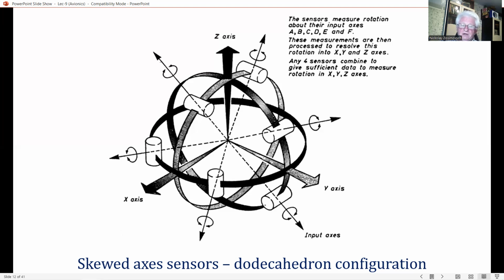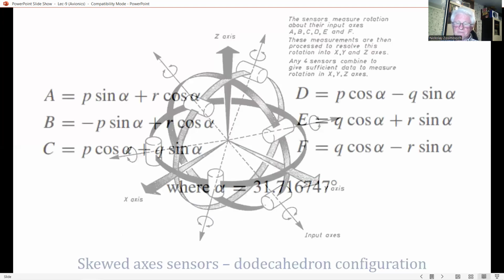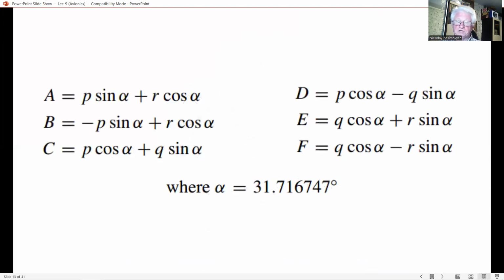Each gyro in the dodecahedron configuration senses 2 body rates, and each body rate is sensed by 4 of the 6 gyros. The gyro outputs denoted by the letters A, B, C, D, E, F are functions of the body rates, as we can see here in this slide.